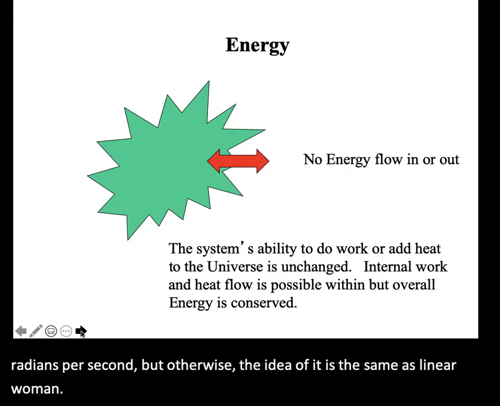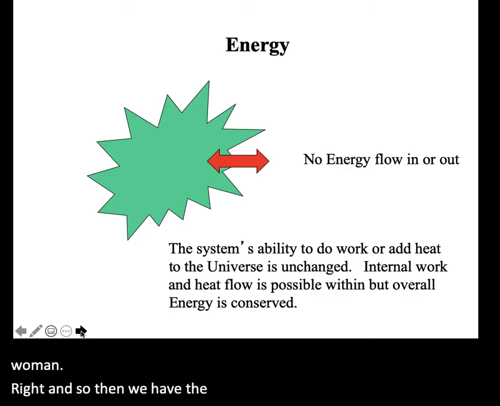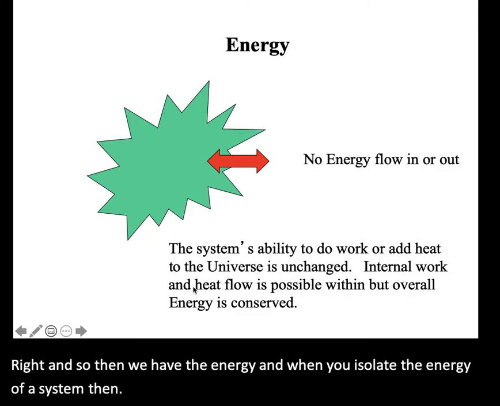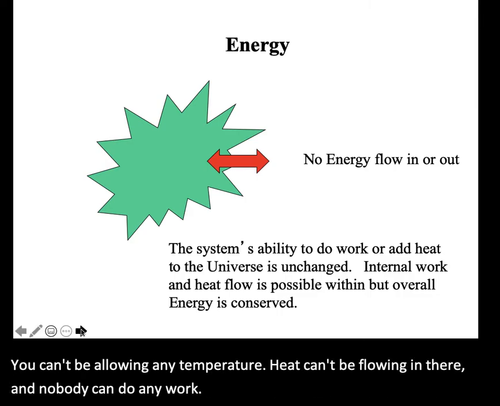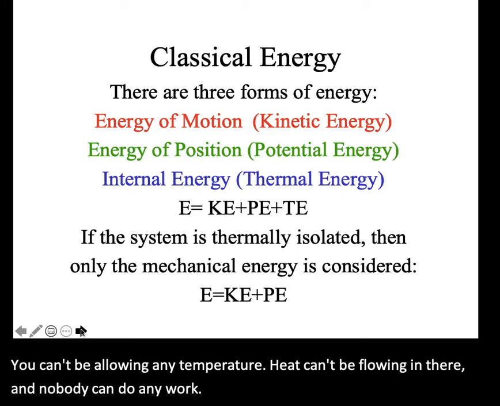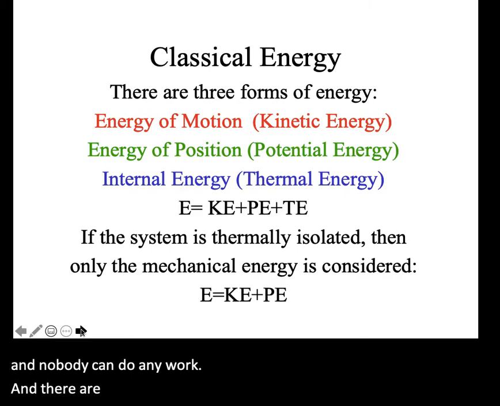Right, and so then we have the energy, and when you isolate the energy of a system, then you can't be allowing any temperature, heat can't be flowing in there, nobody can do any work. And there are three forms of energy, although this really reduces to two.